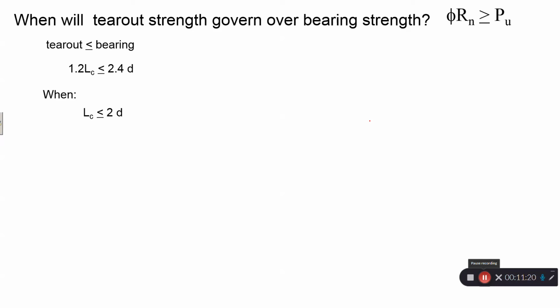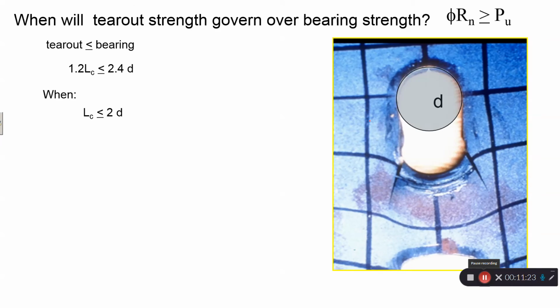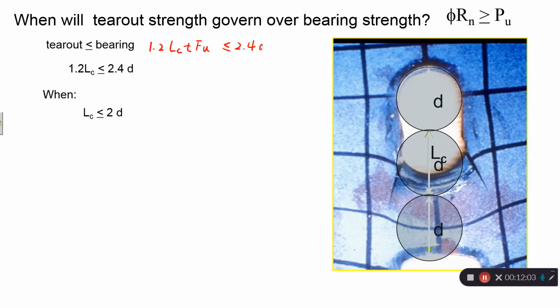If you compare, say tear out is less than bearing, it's 1.2 LC t Fu, and if that's less than bearing, which is 2.4 d t Fu, Fu will be cancelled out.